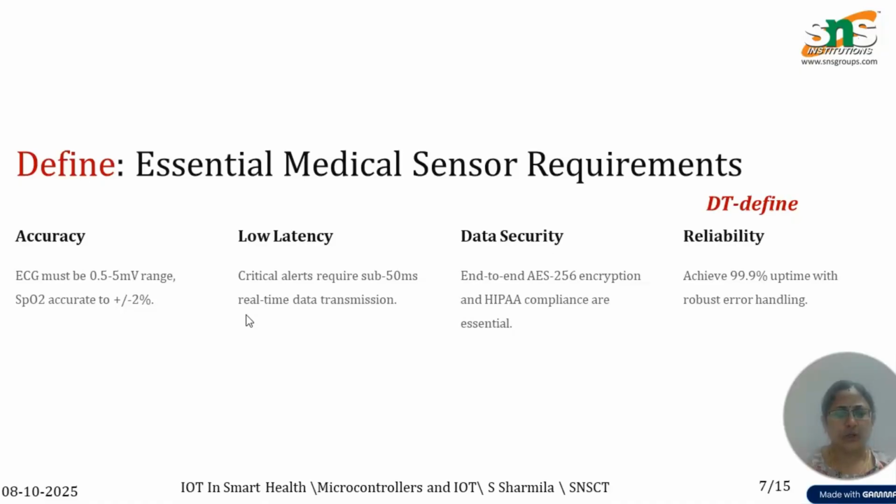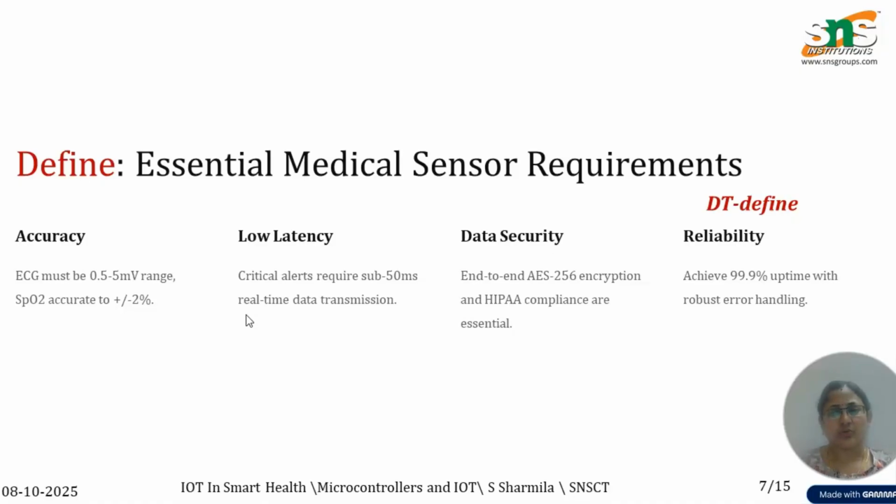Low latency under 50 milliseconds is vital for real-time alerts, and all data must be AES-256 encrypted for safety. Finally, the system should ensure 99.9% uptime with robust error handling for continuous monitoring.